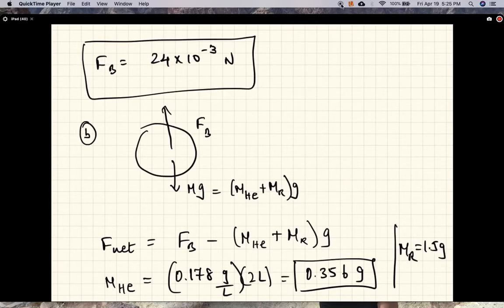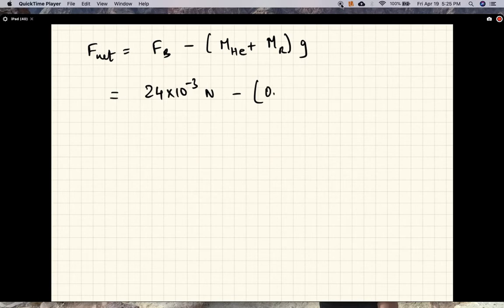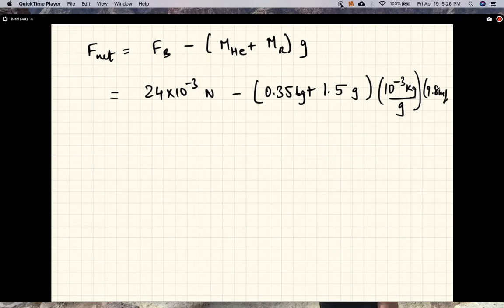Mass of the helium is 0.356 grams plus the rubber is 1.5 grams. So you see, the balloon itself weighs about 5 times the helium. Then we have to convert that to kgs. 1 gram is that many kgs times 9.8 meters per second squared.